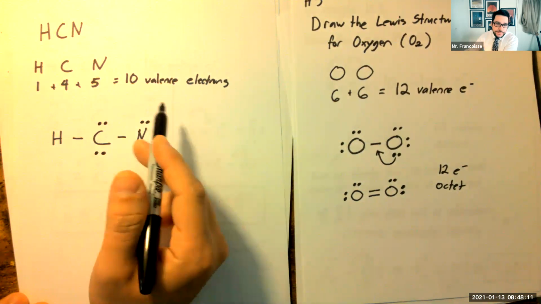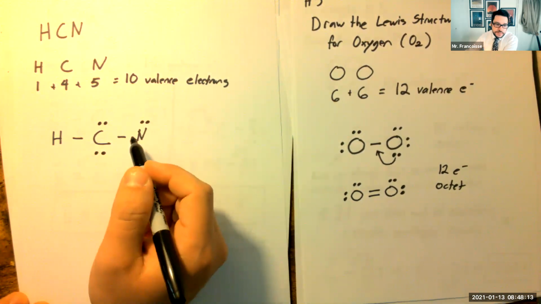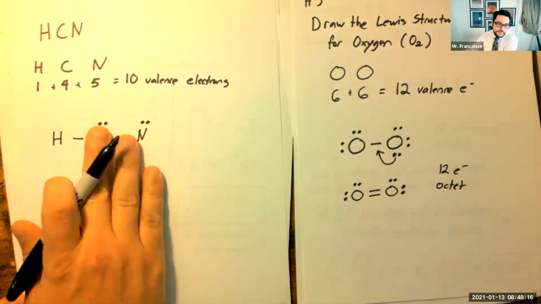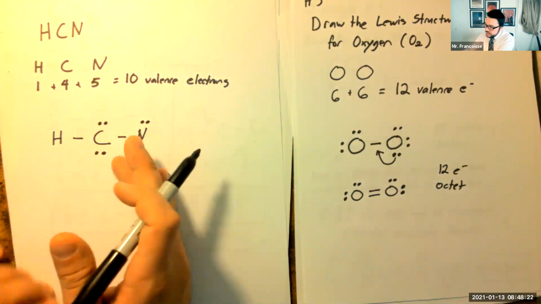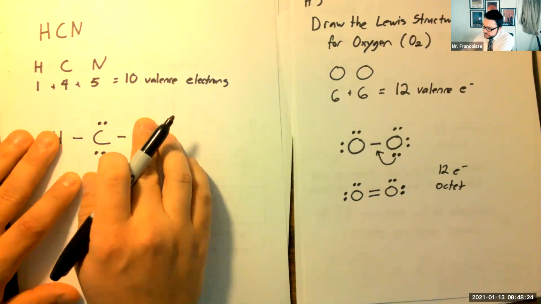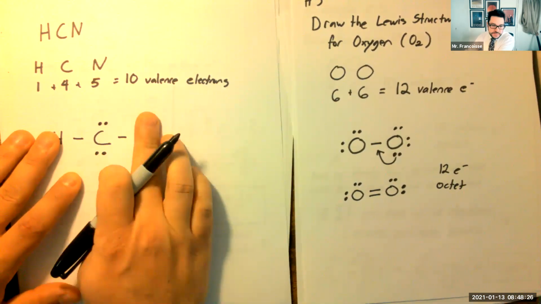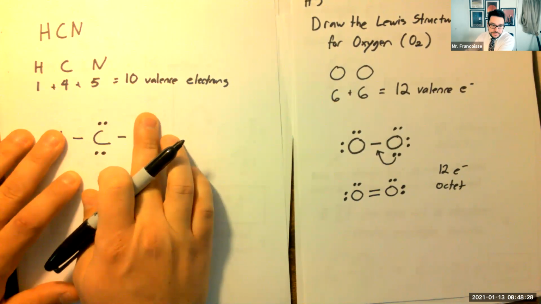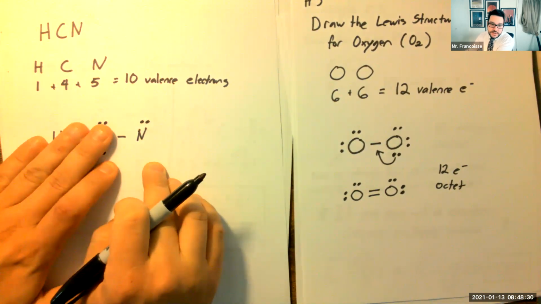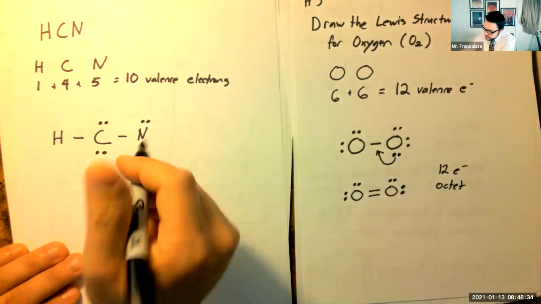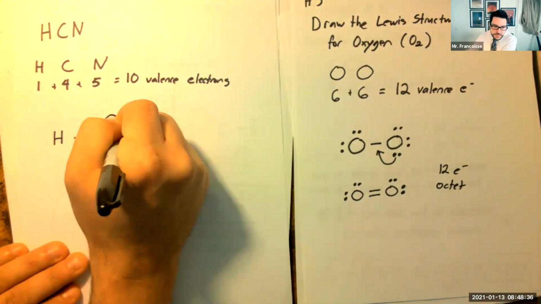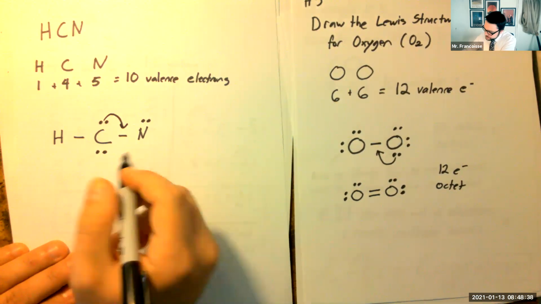And now we're going to stop because we used up our 10 electrons. If we count, let's look at our octet. Hydrogen has 2, and that's okay because it wants to. Hydrogen's our exception. Carbon in the center here has 2, 4, 6, 8. So this is a total of 8. And then this nitrogen here has 2, 4. So it needs to have 4 more electrons. So it's going to have to share more.